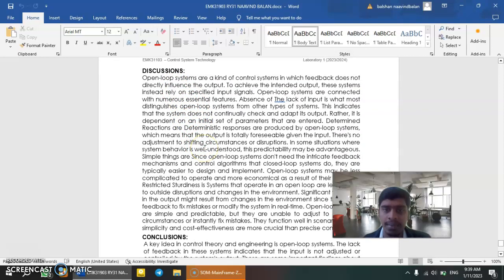For the discussion, the lack of feedback input is what distinguishes an open loop system from other types of system. It indicates that the system does not continually check and adapt its output. A deterministic response is produced by an open loop system, which means that the output is totally foreseeable given the input. There are no adjustments to shifting circumstances or disruptions.